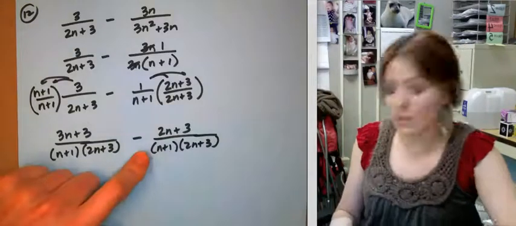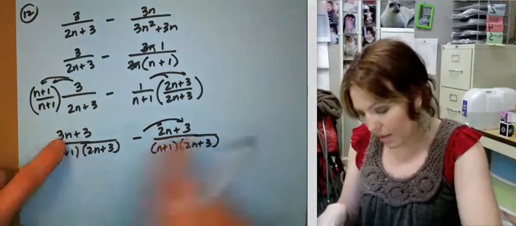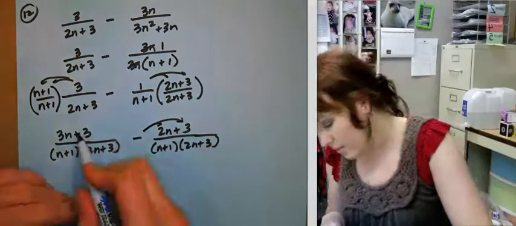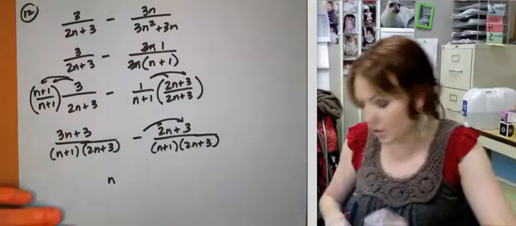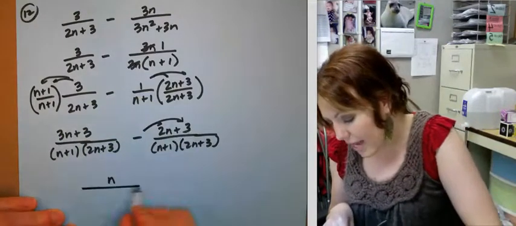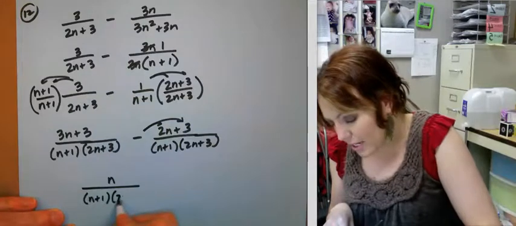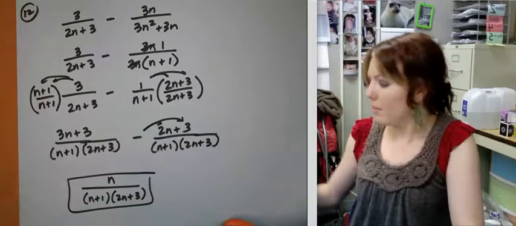The last thing we're going to do is distribute this minus to both of these and combine like terms. So we get 3n minus 2n is n, and 3 minus 3 is nothing. So you get n over n plus 1 times 2n plus 3. And that is the end of that problem.